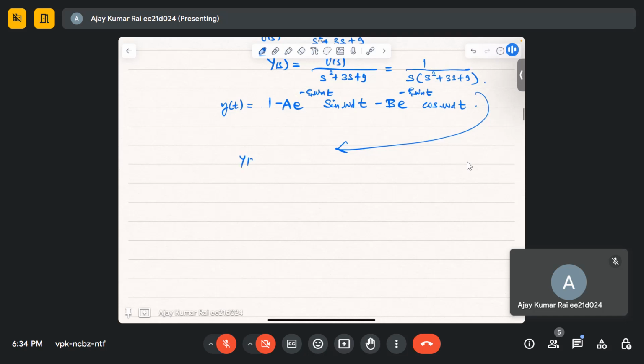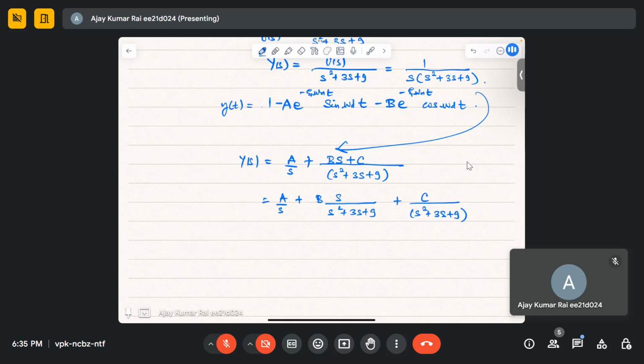Y of s, again you can write as a by s plus (bs plus c) by (s square plus 3s plus 9). If you get a, b, c, you can write a by s plus bs by (s square plus 3s plus 9) plus c by (s square plus 3s plus 9).